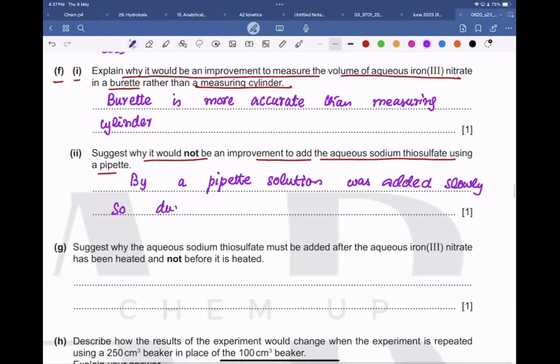So during the addition, it starts to react.